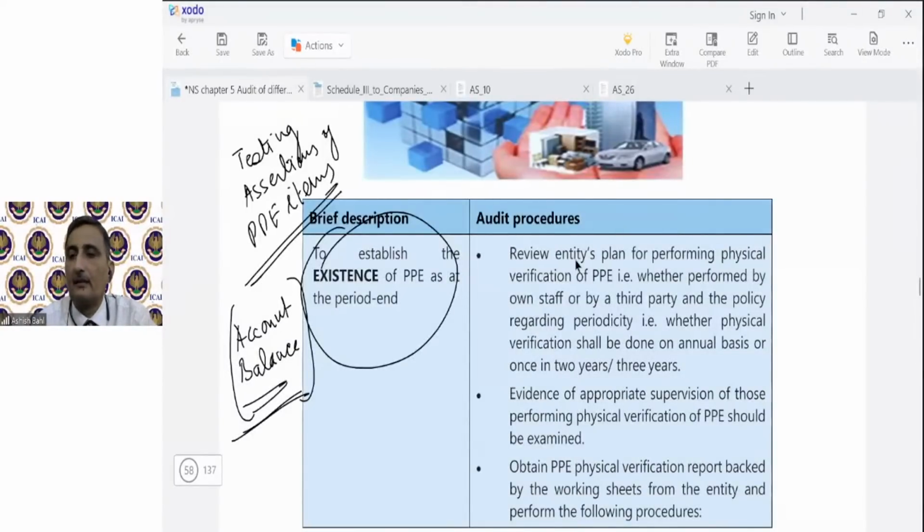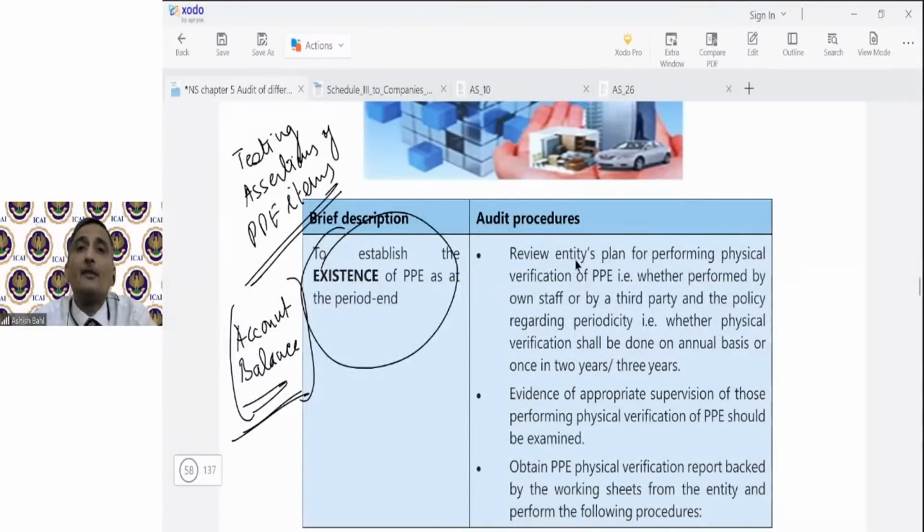Yes, students. Yes, yes, guys. You are right. You are saying physical verification, inspection. So this is one of the ways of seeing whether the machinery in fact physically exists.